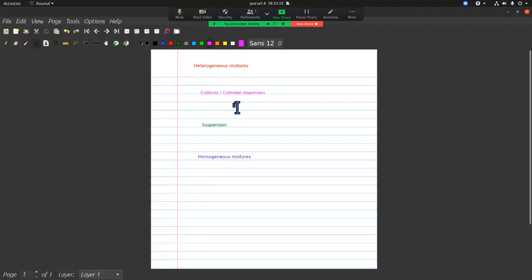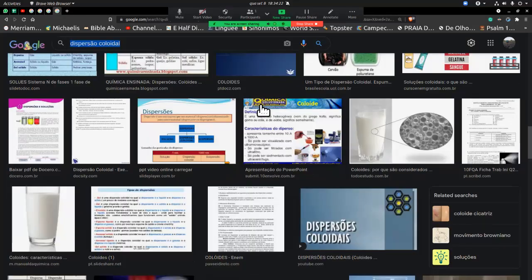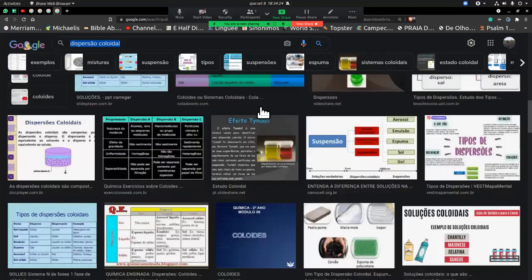So we have, for example, water, we have oil, and if we put mustard or powdered mustard, we can see that they form a suspension, or actually a colloidal dispersion. So the middleman is kind of like an emulsion.